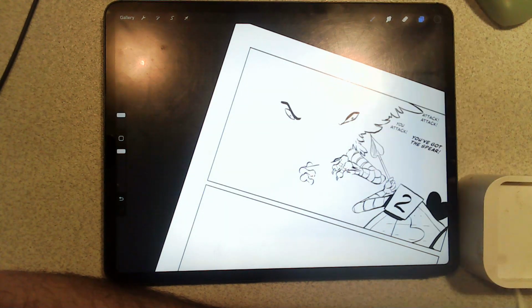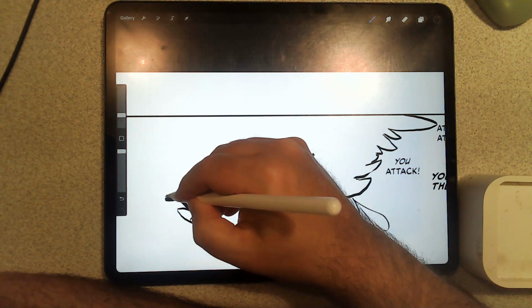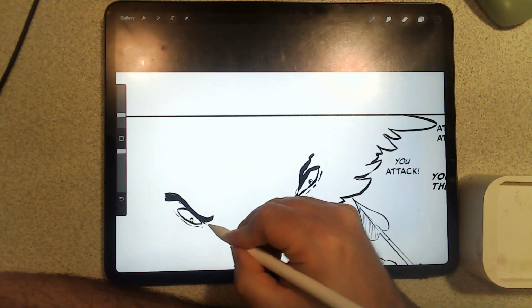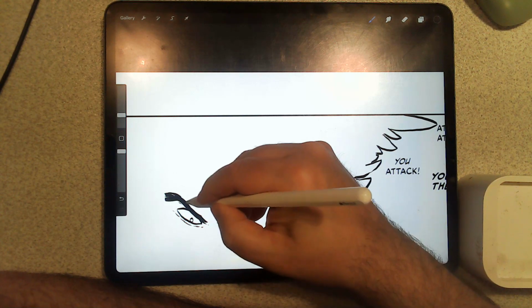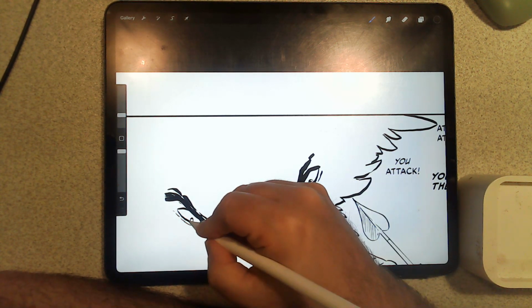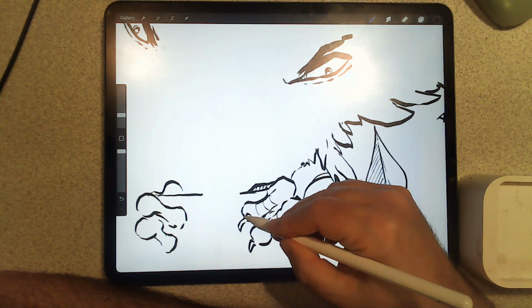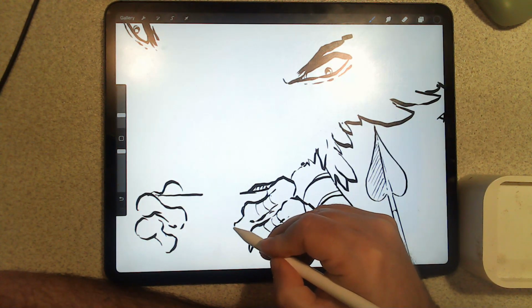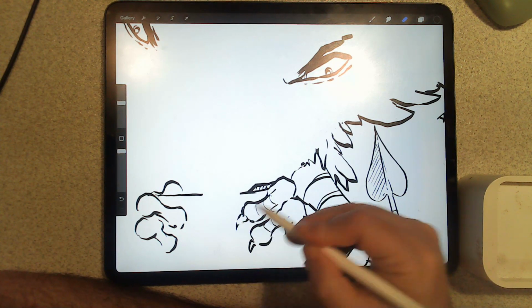Let's take a look at the pencils. Oh, I was thinking I got them wrong.